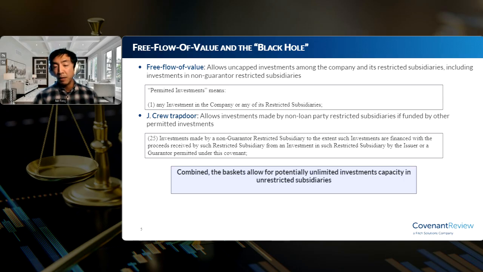In fact, that's what Neiman Marcus did back in 2018. They designated their MyTheresa business, which was one of their online businesses, I think in Germany. It was doing relatively well compared to the rest of the business. They made it unrestricted, and then they transferred it so that it sat directly below an affiliate of the sponsor, Ares, which is functionally the same thing as a spinoff.